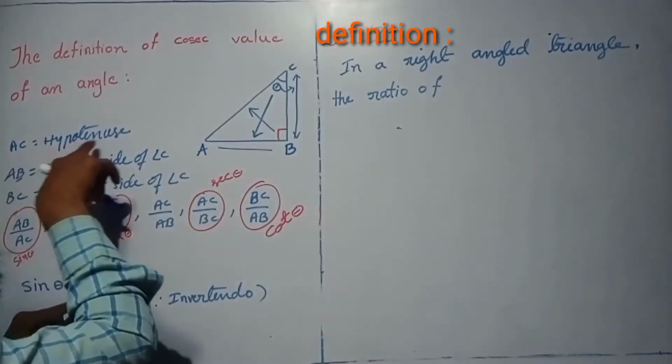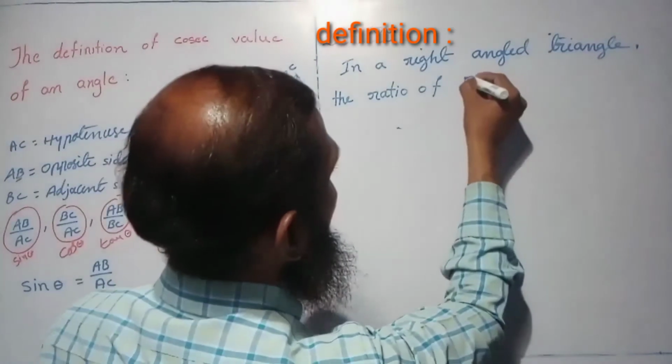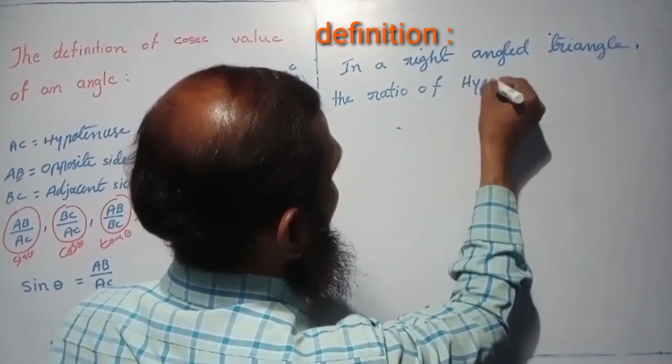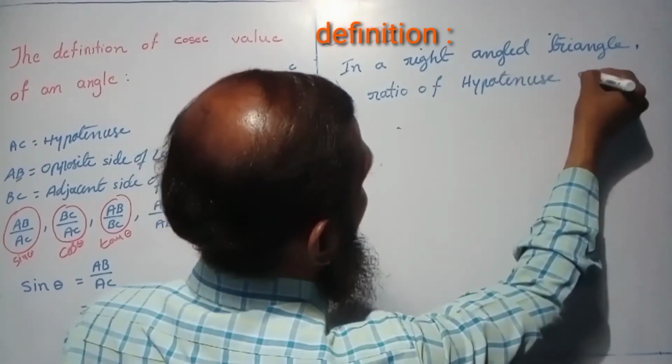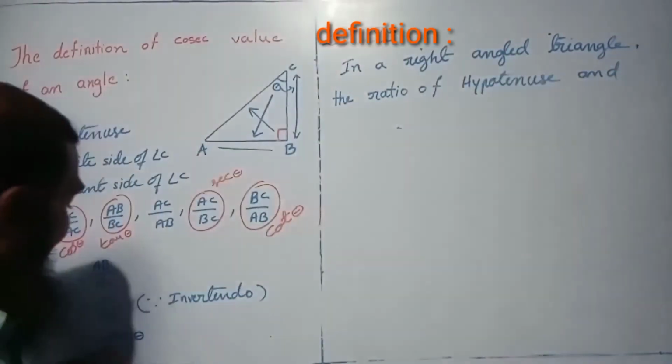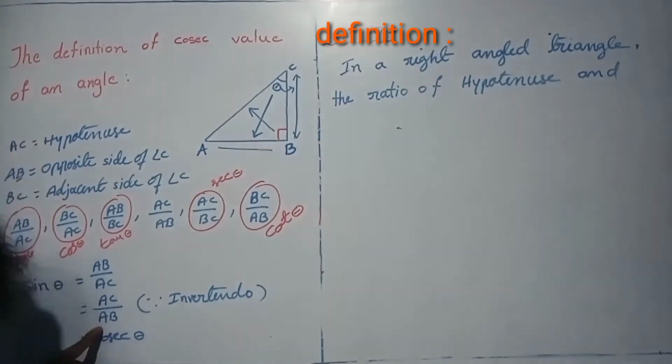AC means hypotenuse. And AB, what does AB mean?